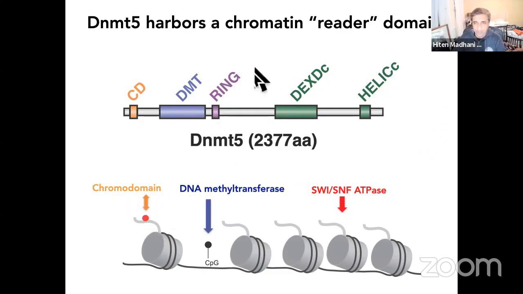And then we thought perhaps this SWI/SNF ATPase domain would be a chromatin remodeling domain that would help move nucleosomes out of the way so the enzyme could modify DNA. That, by the way, turns out to be completely wrong.